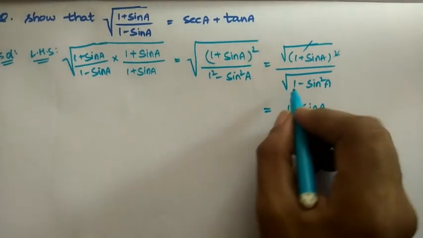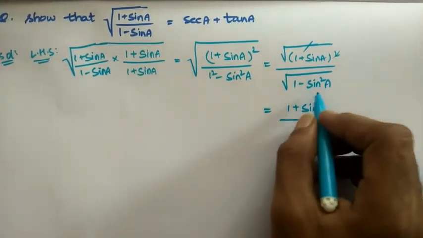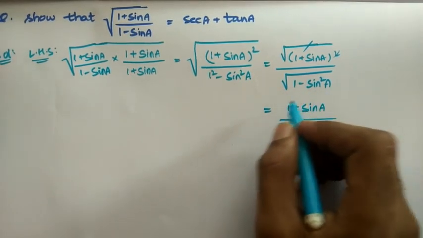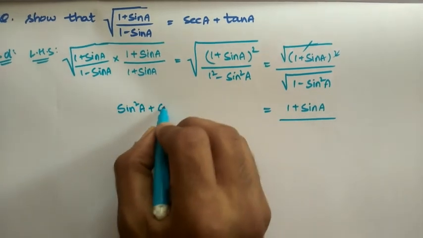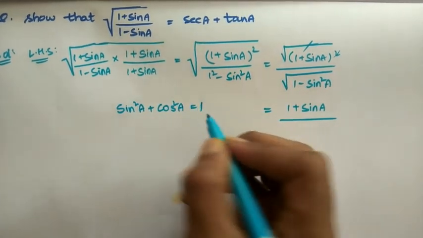Let me write the identity with respect to sin square A. We have the identity sin square A plus cos square A is equal to 1.